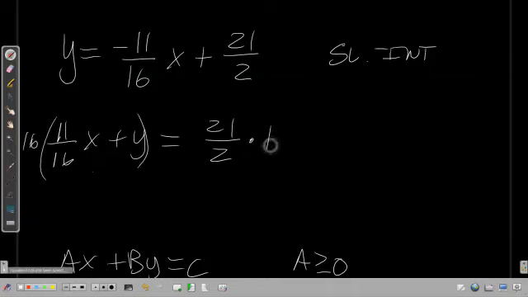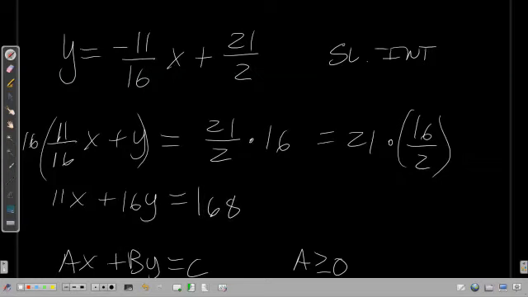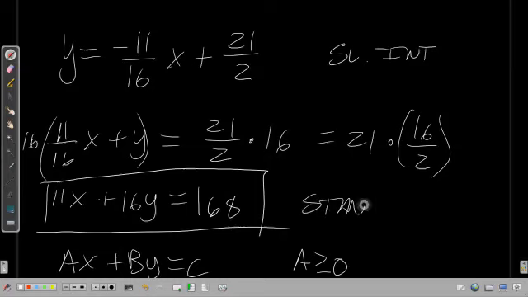I multiply this side by 16. I multiply this side by 16. You would get 11x plus 16y equals 21 times 16 over 2. 16 over 2 is just 8. It says 21 times 8. And 21 times 8 is 168. It's now in standard form.